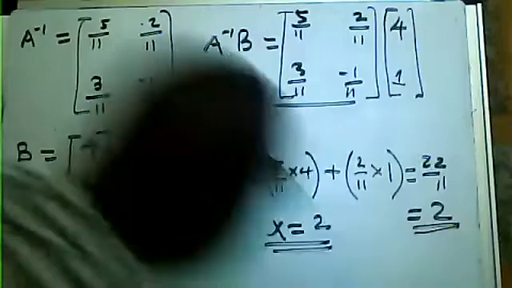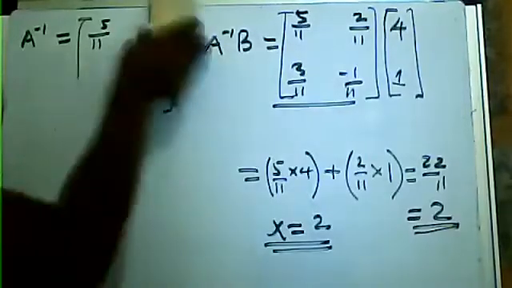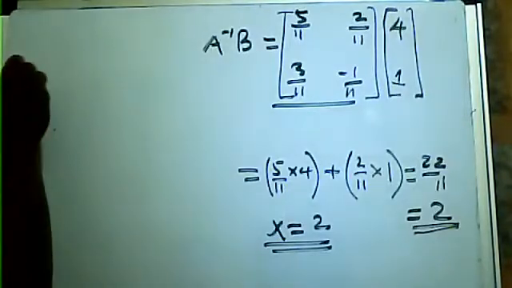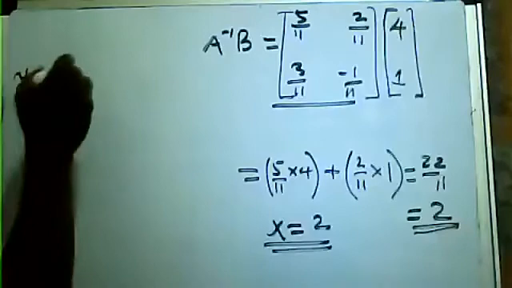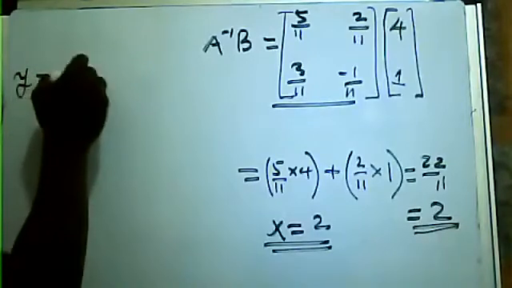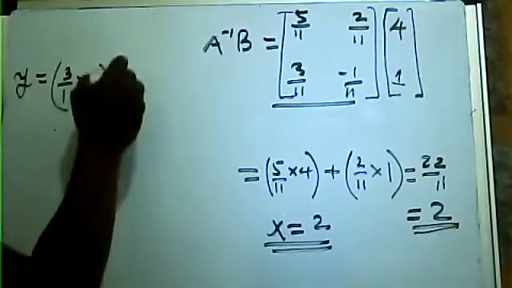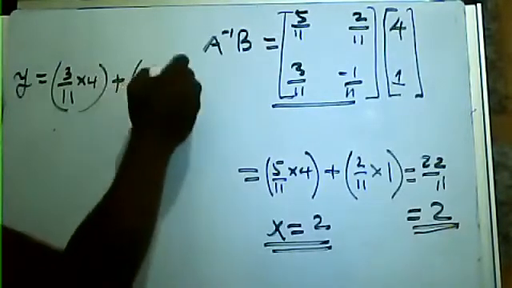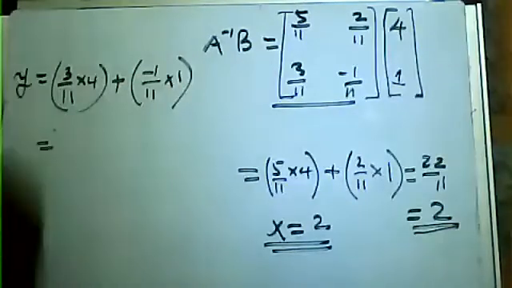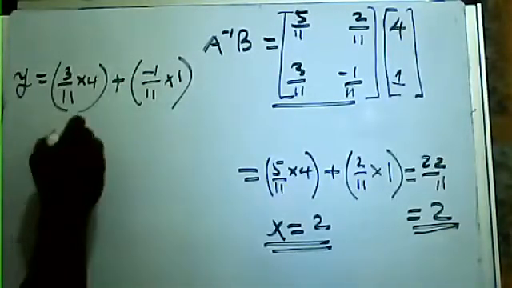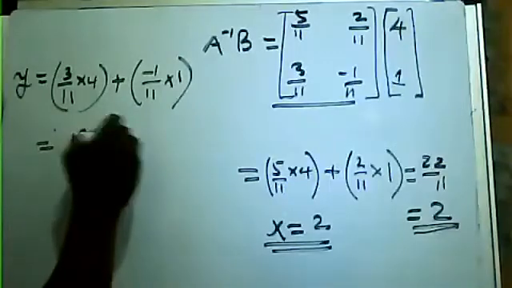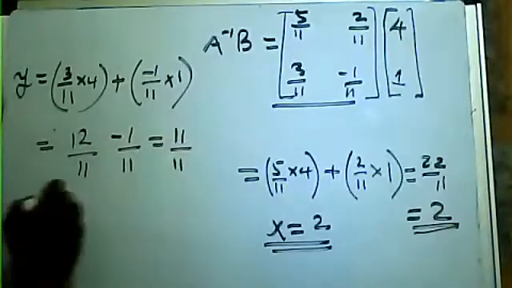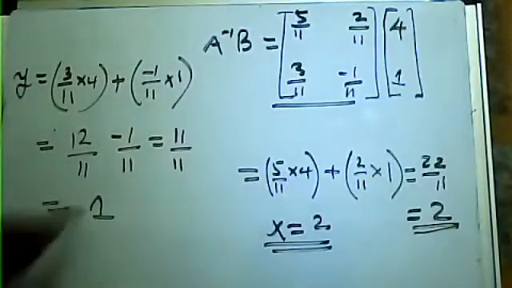So for our y, it will be 3 over 11 multiplied by 4 plus negative 1 over 11 multiplied by 1. 3 times 4 is 12 over 11 minus 1 over 11. This becomes 11 over 11, which is equal to what? 1.